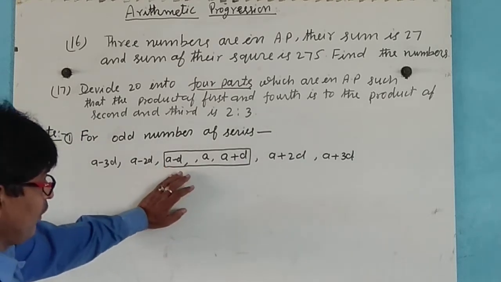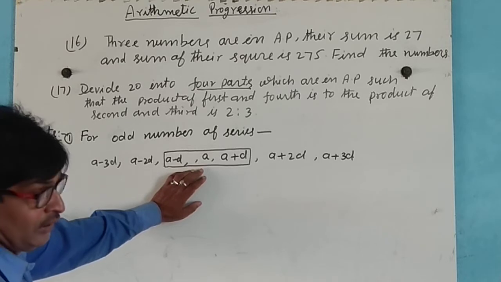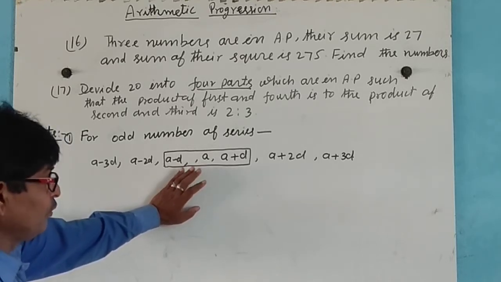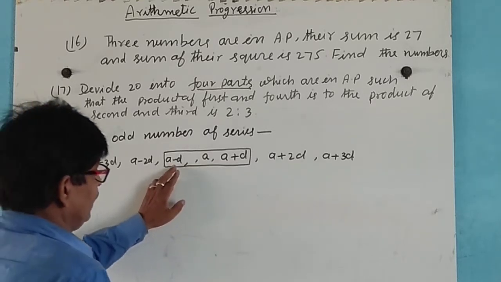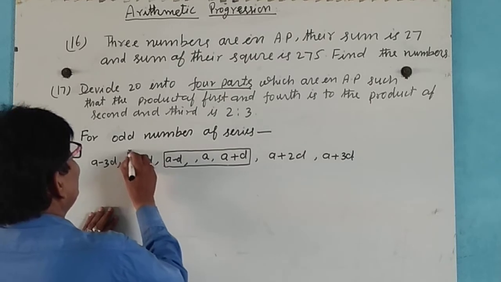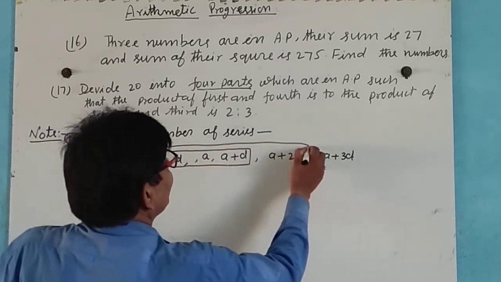If we take three terms, the common difference is D. If you choose 5 terms, then 3 terms and 2 terms, we choose these 5 terms.